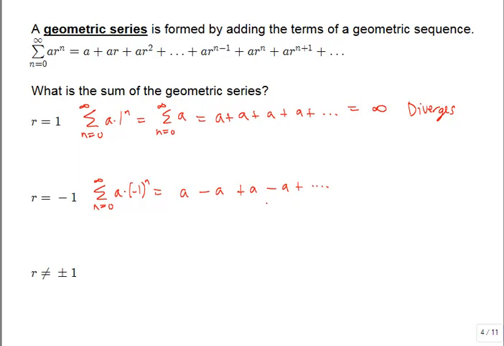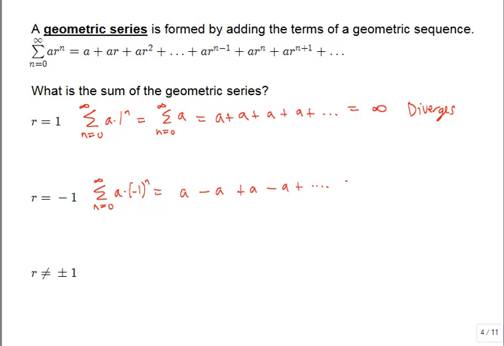Is that sum going to converge? No, because s sub 1, the first partial sum, would be a, but the second partial sum would be 0. The third partial sum would be back to a. The fourth partial sum would be 0. So this is like that earlier example we had where this oscillates back and forth between a and 0, a and 0, a and 0.